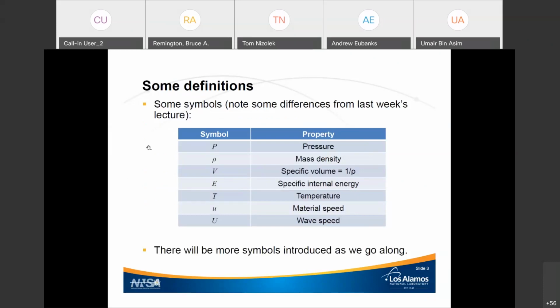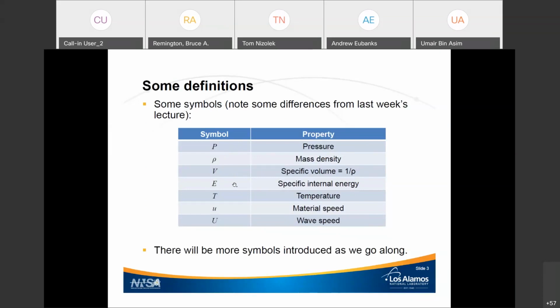I'm going to start off by noting that there are some differences from last week's lecture. Some are the same: pressure is the same, mass density is the same. V is always going to be a specific volume, so volume per unit of mass. E is internal energy.